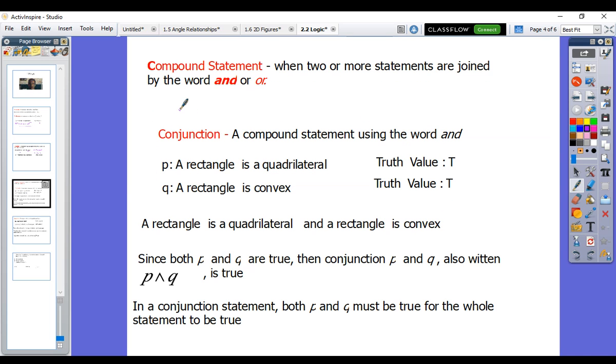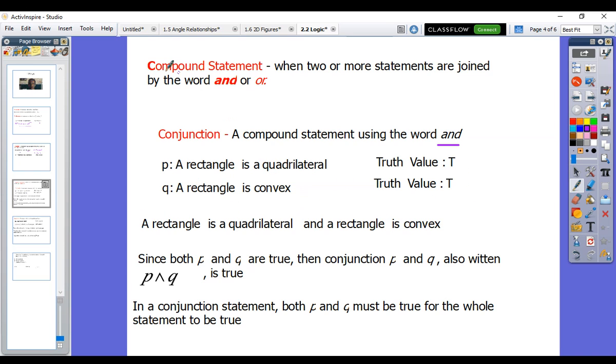Now, compound statements are two statements that we put together by the word and or or. And is called a conjunction, and an or is called a disjunction, as we get to that. But we'll start with the conjunctions. Conjunctions are ones that start with the and, so it has to be true for both. So, for example here, our P statement, a rectangle is a quadrilateral, true. A rectangle is convex, true.